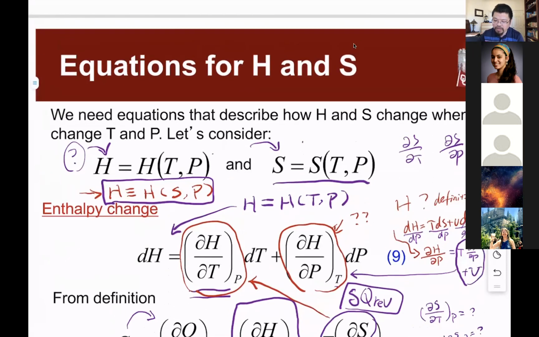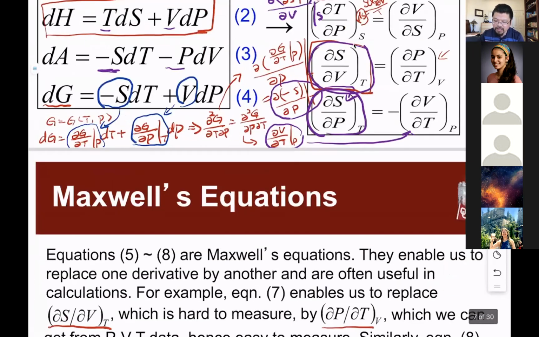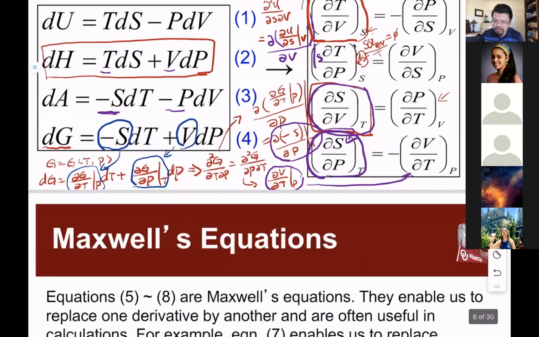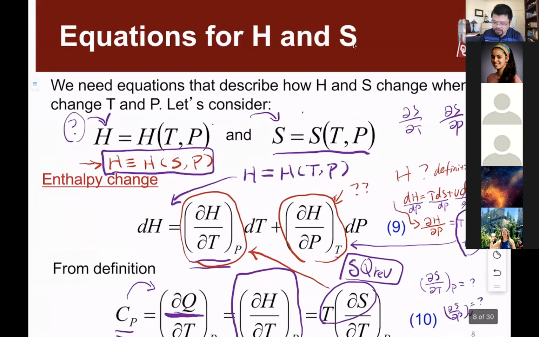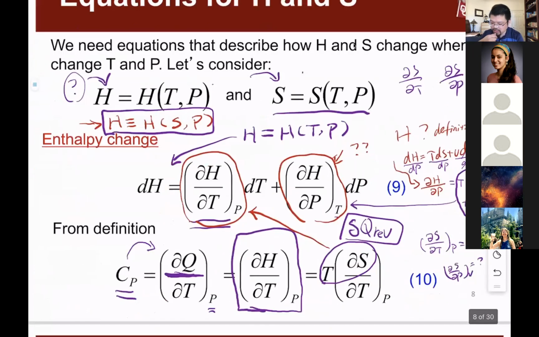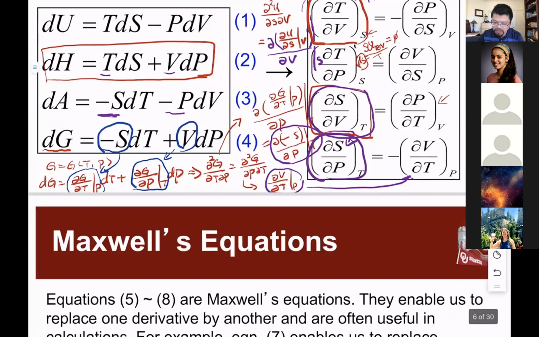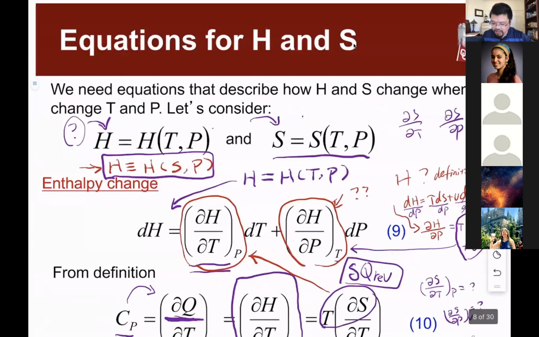So now if we try to look at this dS over dP, and what is the other term? dS over dT, dS over dP. Looks like we don't have that exact term, but let's see how we are going to manipulate that.